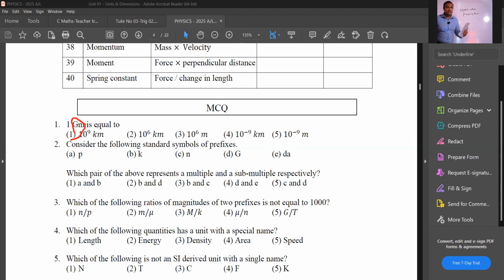If you know gigameter is a multiple, then definitely there should be a positive power, so we can reject these two answers. Now there are only 3 answers to select from.